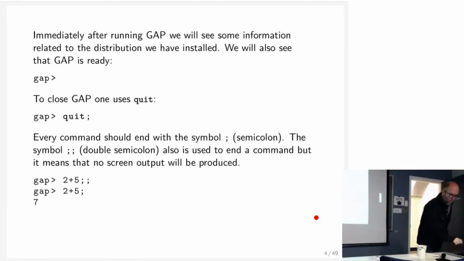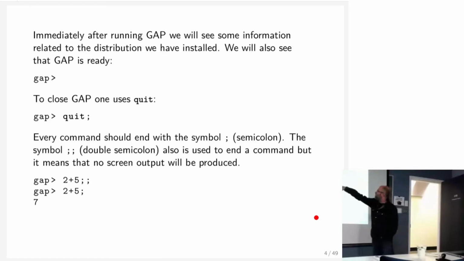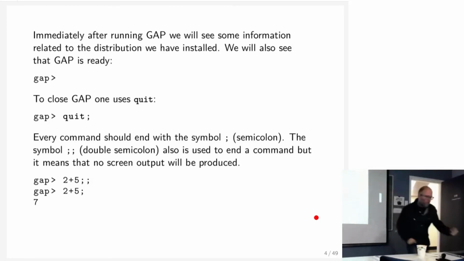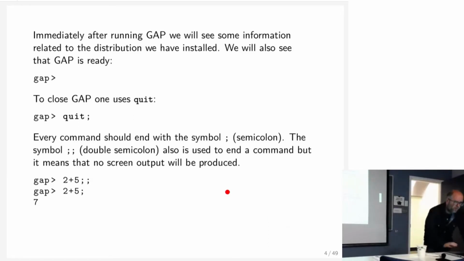Good. So let's start. You need GAP to be installed in your computer, of course, and then you need to run GAP. Once you run GAP, you will see this prompt, this command line, and this is how you quit. Let me share this other window.